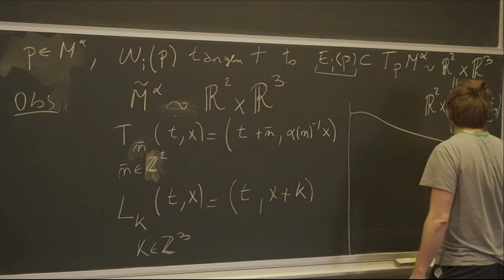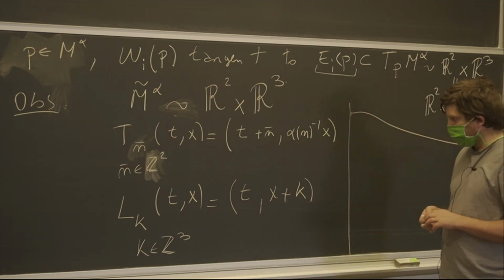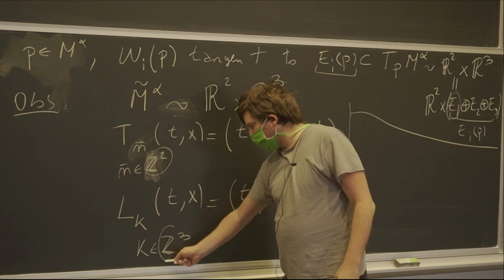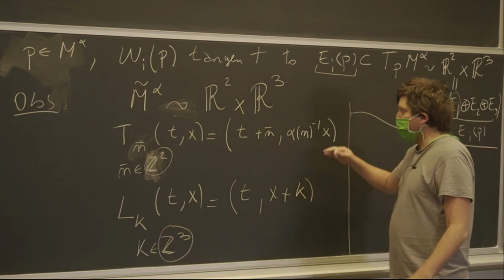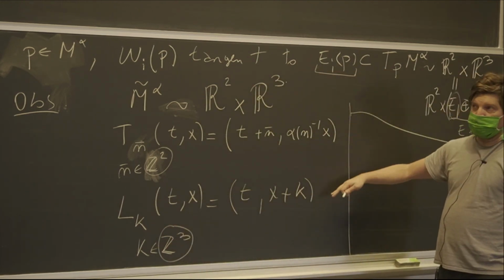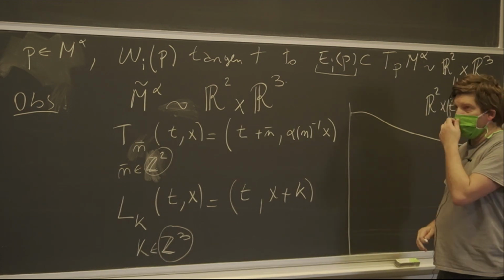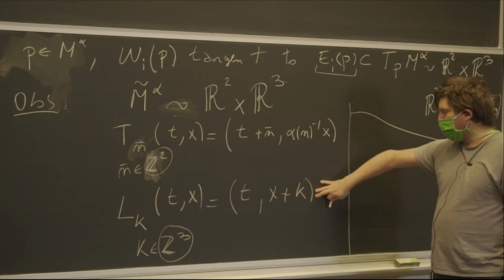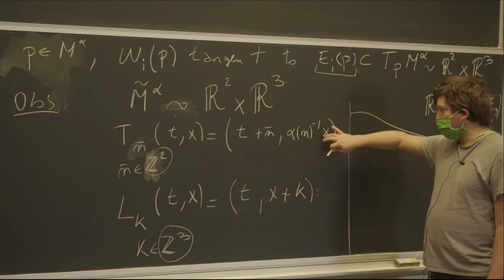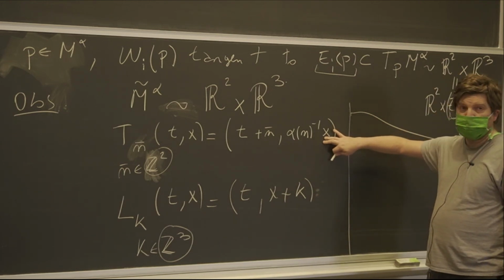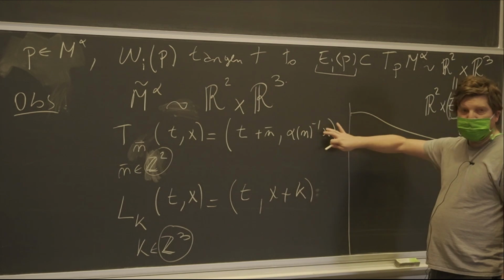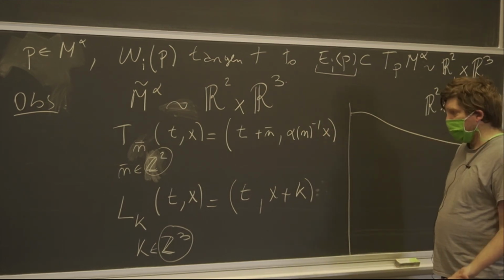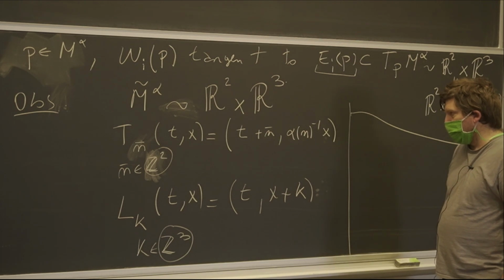Now, I have this group Z square, this group Z3, but these do not commute. Actually they form a solvable group. This one is normal in this one, if I remember correctly. One is normal in the other, I think, yeah. But anyway, that's what you get.